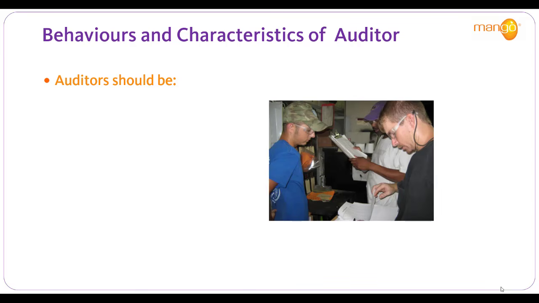Okay, so let's have a look at the behaviours. Once you're actually in the audit, what sort of behaviours do you expect the auditor to have? They need to be fair and well balanced, so they understand what is right and what is wrong. They need to be objective, so they're not subjective and coming in with their own opinions.